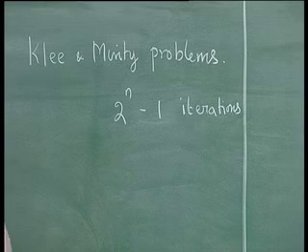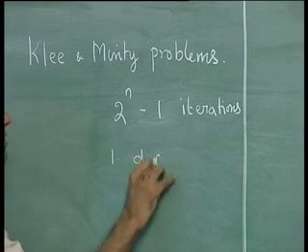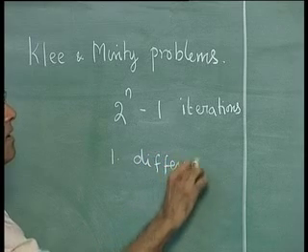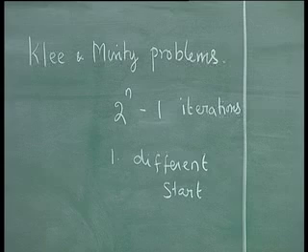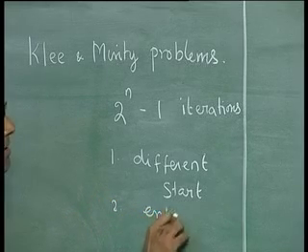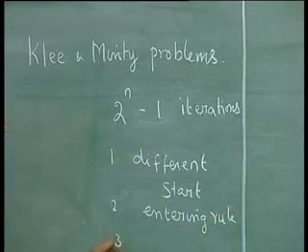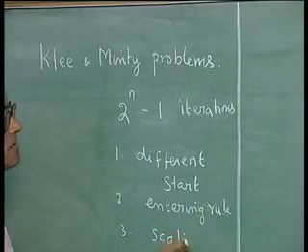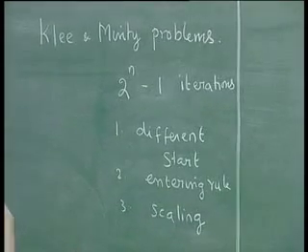Those ways could be to have a different starting solution, or a different entering variable rule, or scaling the variables could also get us out of the Klee-Minty difficulty.